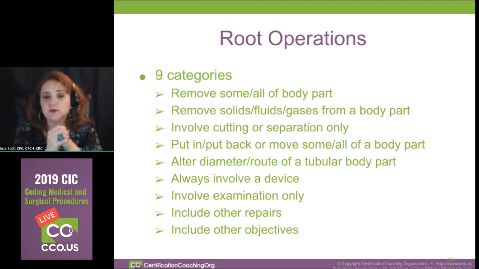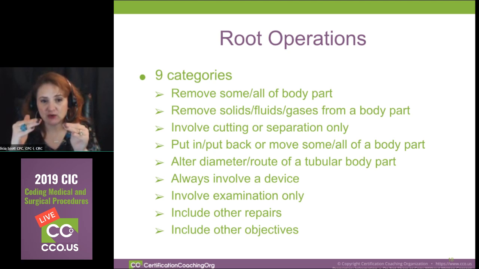But what if we remove something, but it's a solid, fluid or gas? Let's say it's not some or all of a body part. It's actually a fluid that's built up in the body, so we need to put in a drain tube. See how that category is different?